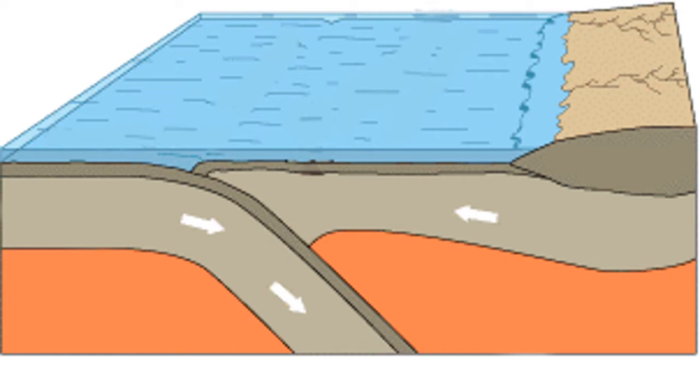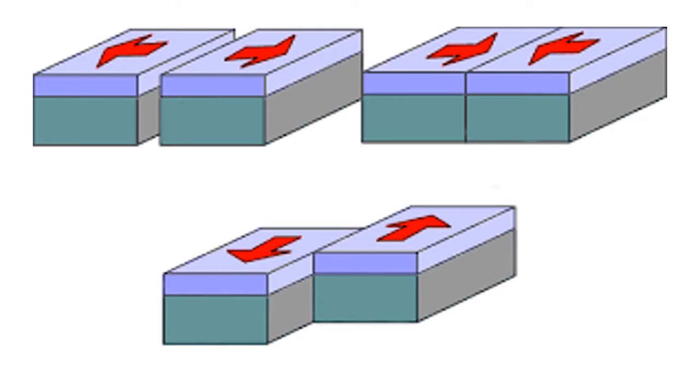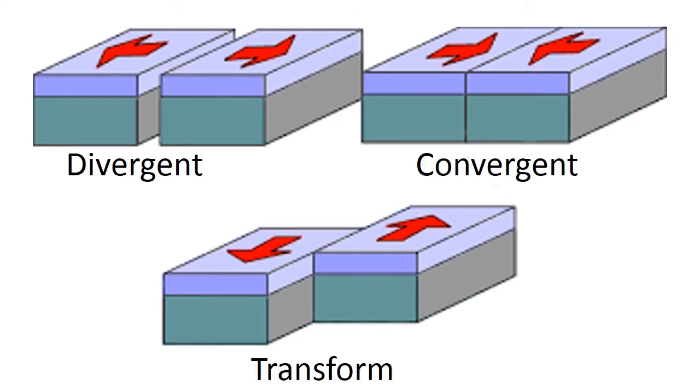The majority of the Earth's tectonic hazards occur at the edges or boundaries of these plates. Different types of plate movements give rise to different types of plate boundaries, which can be categorized as divergent, convergent, and transform.